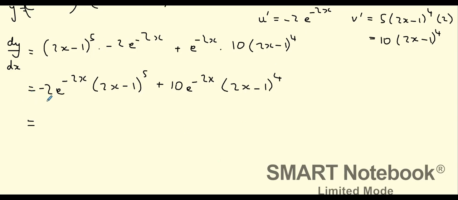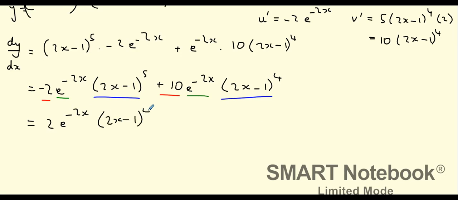So minus 2, positive 10. I'm going to factorize out 2 here. I think about e to the minus 2x, e to the minus 2x. They're common, so I'm going to take out e to the minus 2x. I've got (2x minus 1) to the 5, (2x minus 1) to the 4, so I can take out (2x minus 1) to the power of 4.